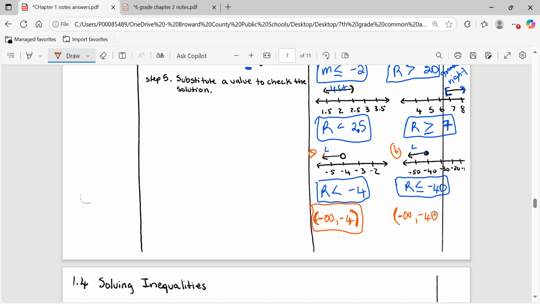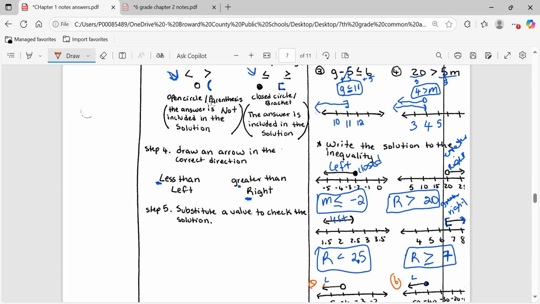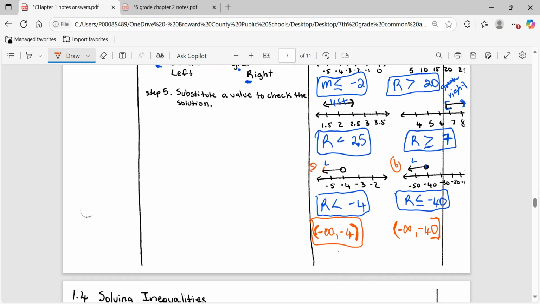So you won't have a parenthesis on the -40. You're going to have a bracket on that -40. And you've seen the bracket right here that showed you that it is included in the solution. So as a notation, this is saying every number from negative infinity until -40, those are in the solution set.